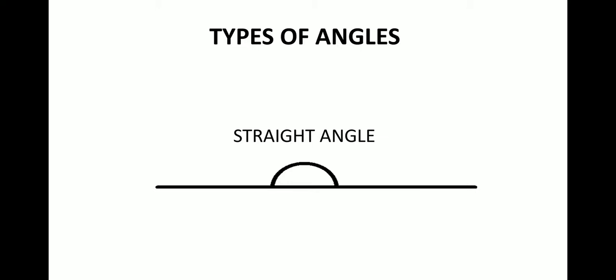Another type of angle is if the line and the other line meet like this, so that it forms a straight line, then the angle formed is called a straight angle, and its measurement is equal to 180 degrees.